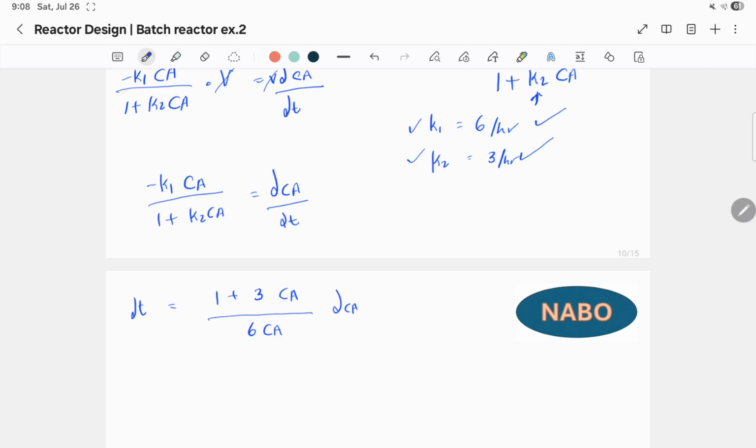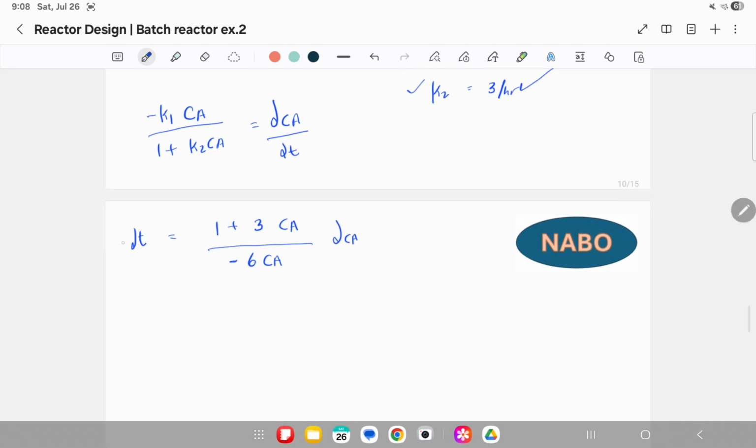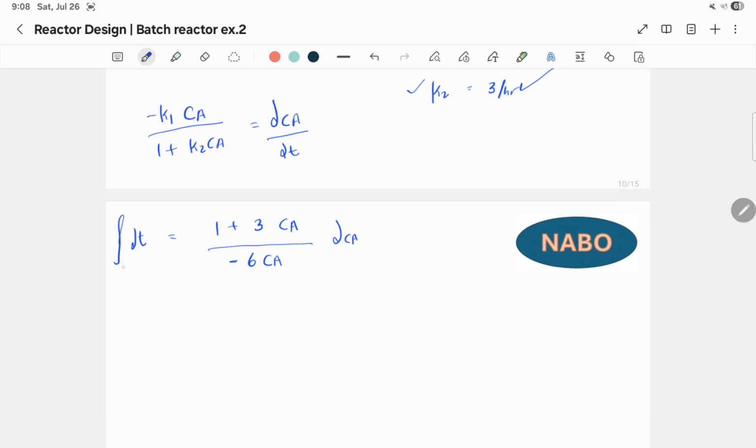Actually, you know what? We'll use it to change the limits later on. So we'll integrate both sides. The integral of dt has limits from the initial time, which is 0, to the final time, and the integral of dCa has limits of initial concentration to final concentration.